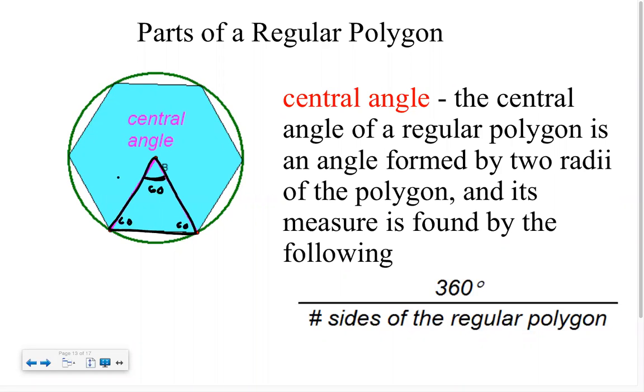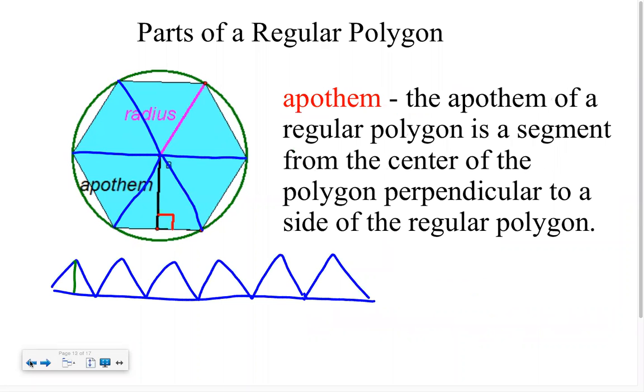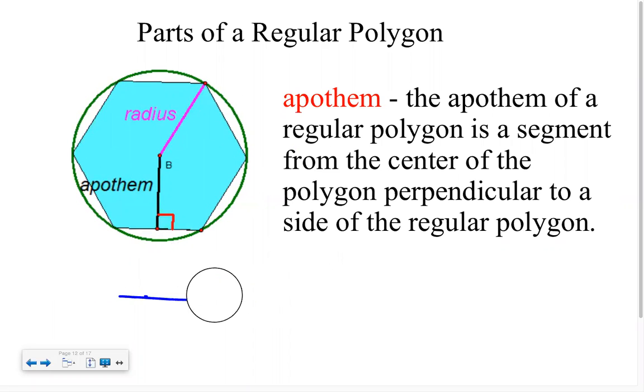All right, I got 2 more real quick facts about our apothem. The apothem does two things within our polygon. If I had these radii here, we just talked about this being a 60-degree angle.